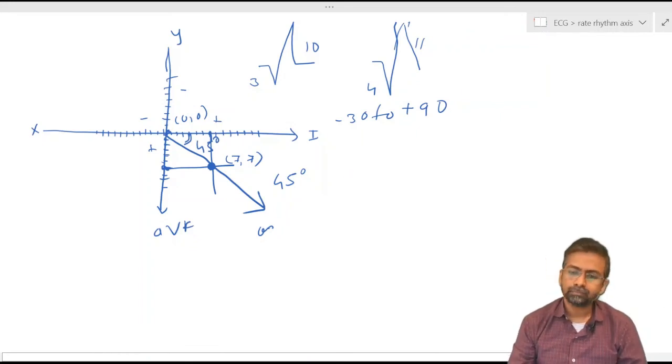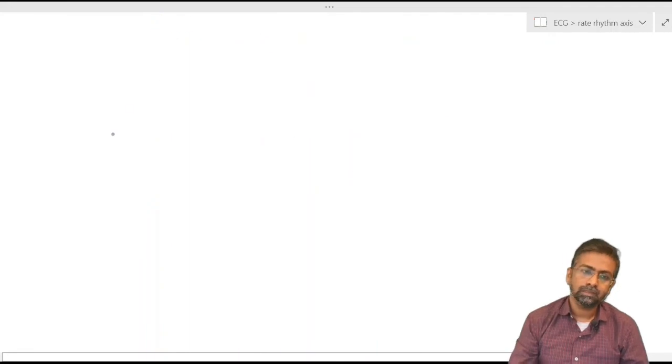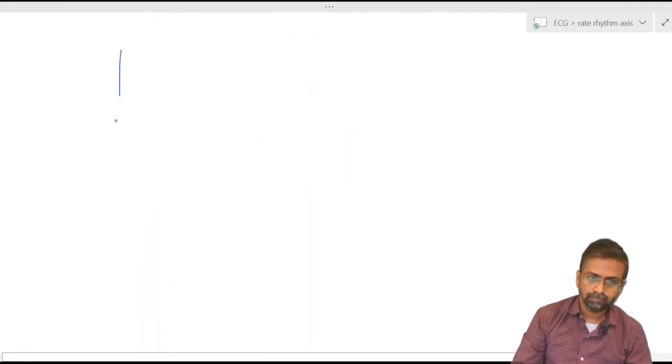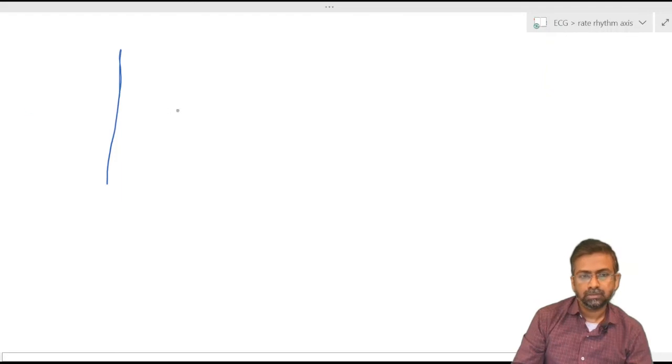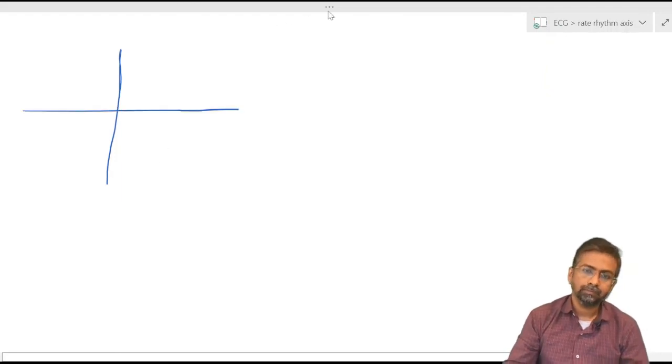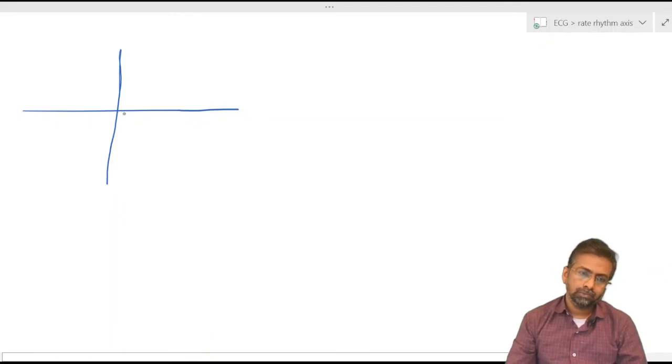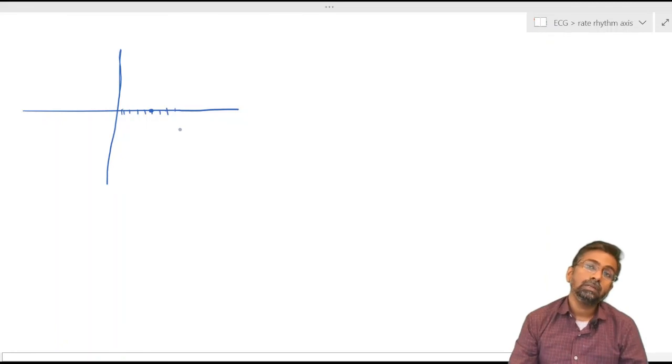Now let us consider a condition where there is a left axis deviation. You plot a graph paper like this, and let's see what happens in left axis deviation. In lead 1 the deflection is positive. Suppose the deflection is here somewhere, 5 mm resultant deflection, while in lead AVF it is negative, so it will be plotted above the baseline.